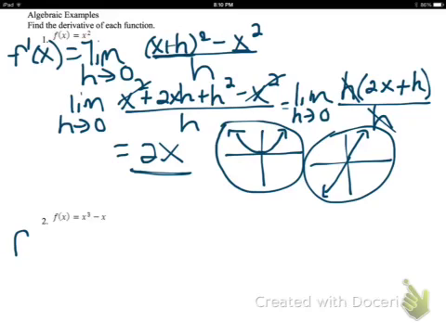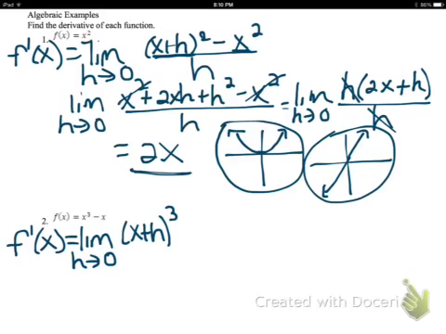Another example, with x cubed minus x. I'll probably just set this one up. So f prime of x will be the limit as h goes to 0 of f of x plus h. So I would have x plus h cubed minus x plus h, minus f of x, x cubed minus x, all over h.